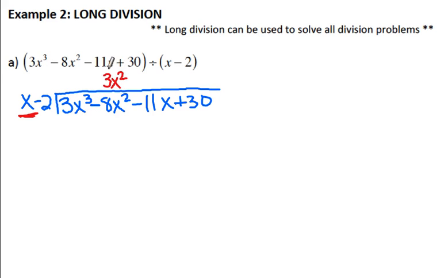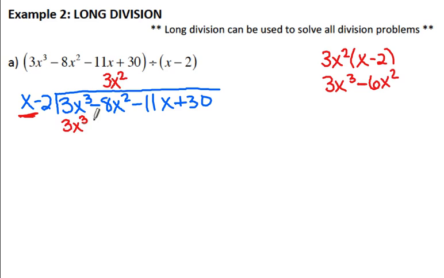Now what you're going to do next is take the term that you have written on top over here and multiply both of these terms by that monomial, which I'm going to do over here. So I have 3x squared times x minus 2. That gives me 3x cubed minus 6x squared. This I'm going to rewrite underneath here.